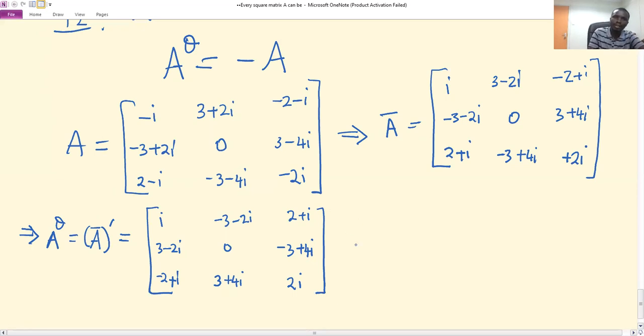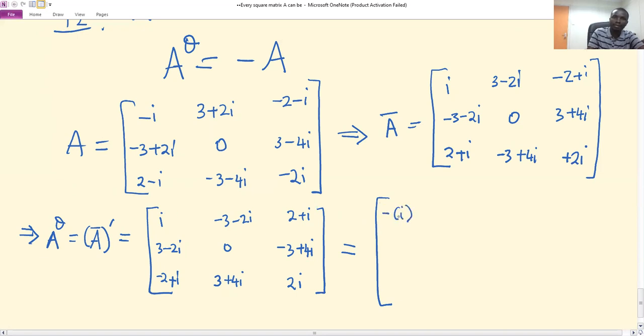And you see, we can write this matrix as, let me just factor a negative out of each element.